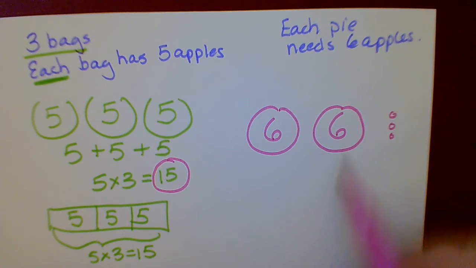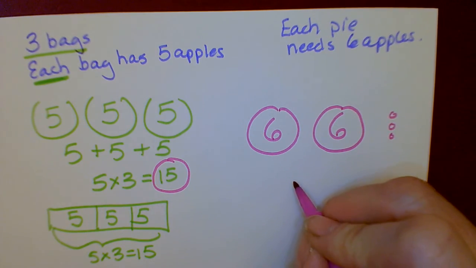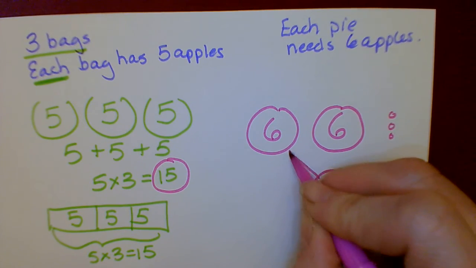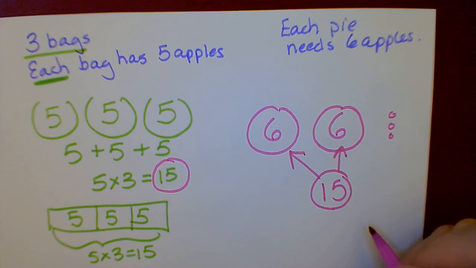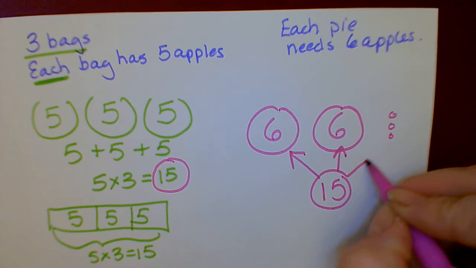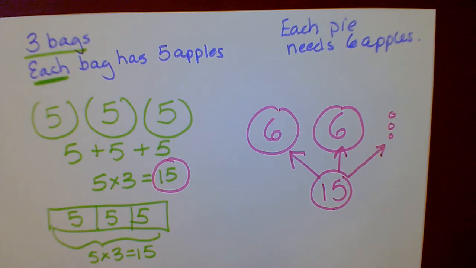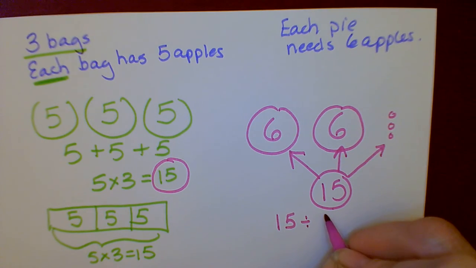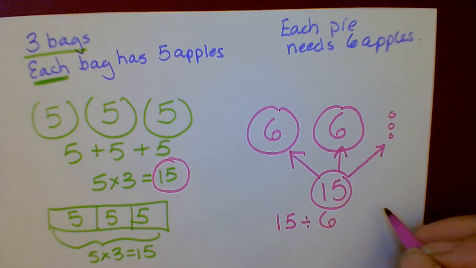I only was able to make 2 pies because what we did was we took these 15 apples and we divided them into groups of 6. 6 into this pie, 6 into that pie, and then we had 3 little apples left over. So what we just did was we took 15 and divided it into groups of 6.